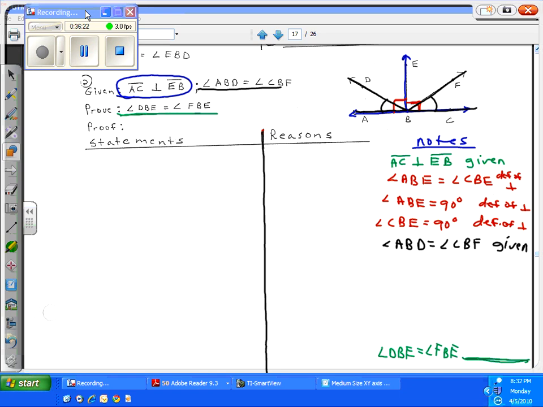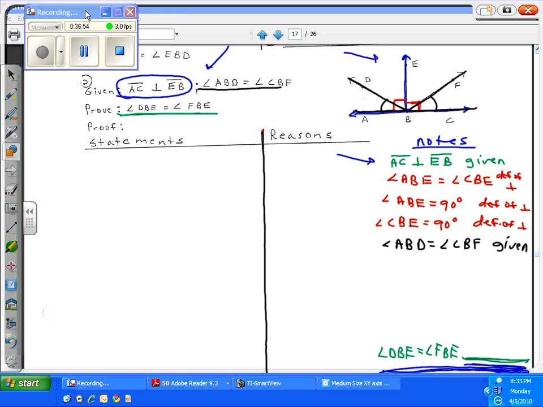So we've got to think about everything that we've ever learned that has the conclusion that two angles are equal. We could start listing those things, but we understand that we're eventually going to use the given and the diagram and this note section to try to figure out how to prove the proof part. We're looking for this final reason right here.